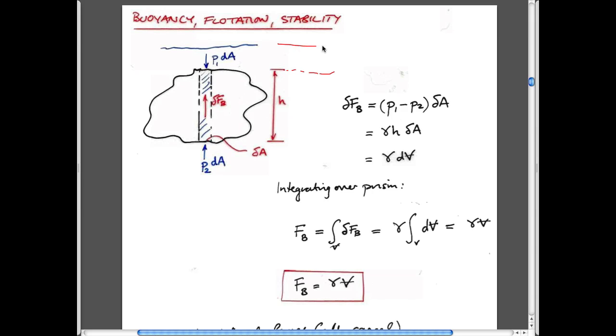If we, for instance, drew a pressure versus depth diagram on this, the basic idea of buoyancy is that if you look at the fluid pressure acting on the top of this structure versus the fluid pressure acting on the bottom, then you can surmise that one is larger than the other. The reason it can be larger is because you have a weight of this which provides the extra thing that you're reacting against to hold it up.